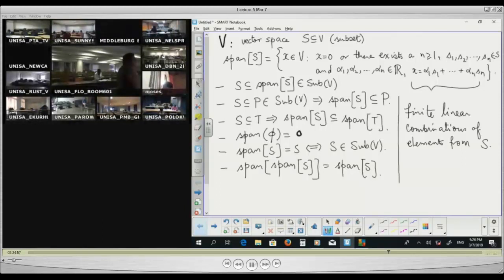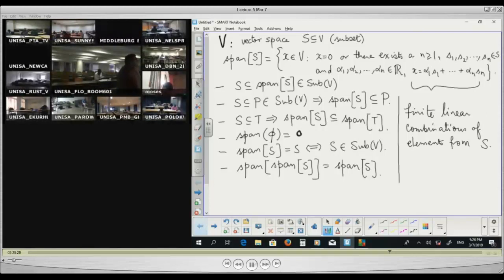And then the third line says that if you take bigger and bigger sets, the spans increase. And the span of the empty set follows from 1 and 2. Why? Span of the empty set should be a subspace, and it should be the smallest subspace containing the empty set.